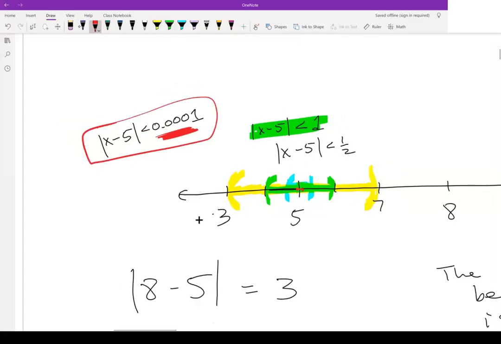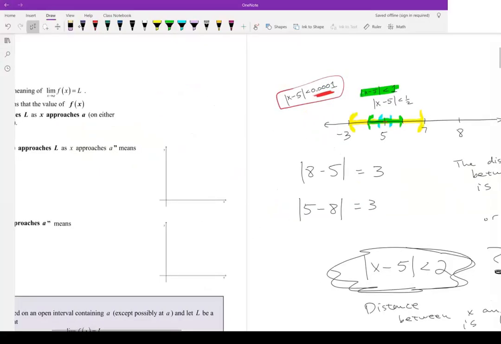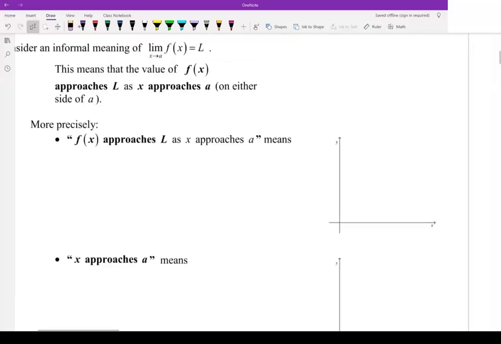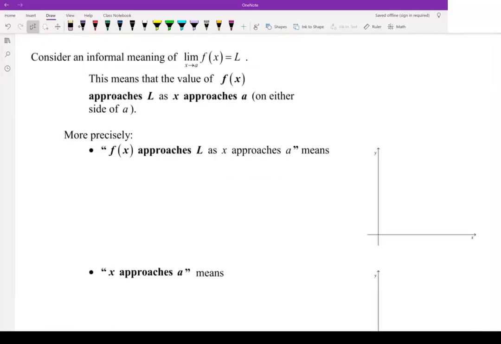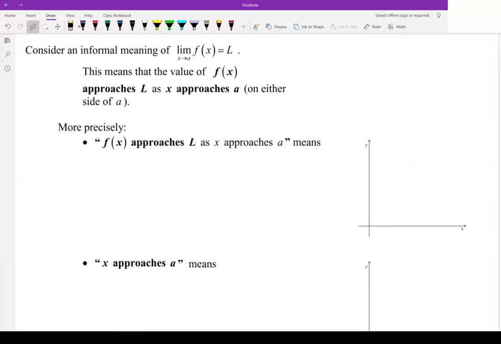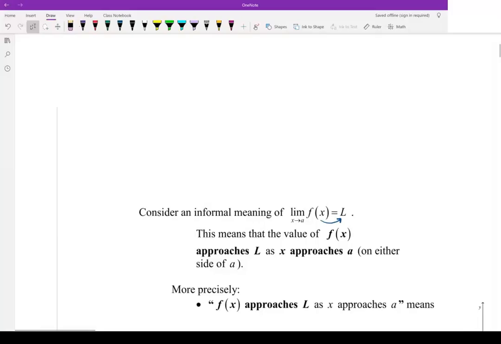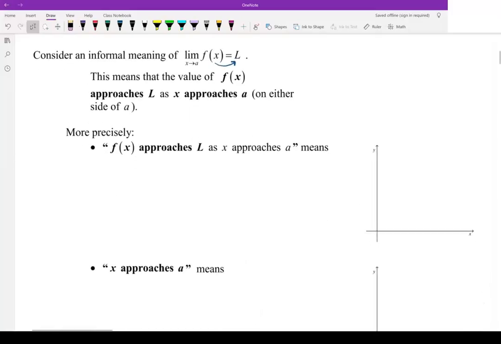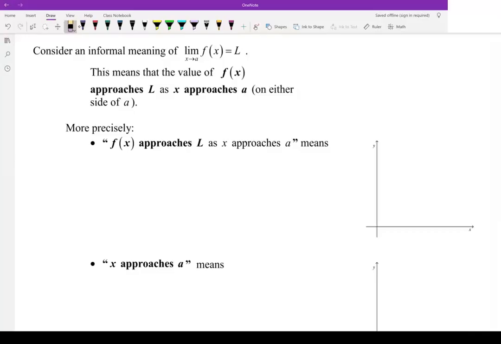All right, now that we have that under our belt, here's what we're going to do. We know the informal meaning of this, I'm going to skip the thing above for time's sake. I may come back to it. The informal meaning is that we're trying to figure out what values f of x is approaching. f of x is getting really close to L as x approaches a. Well, let's look at the f of x approaching L business.